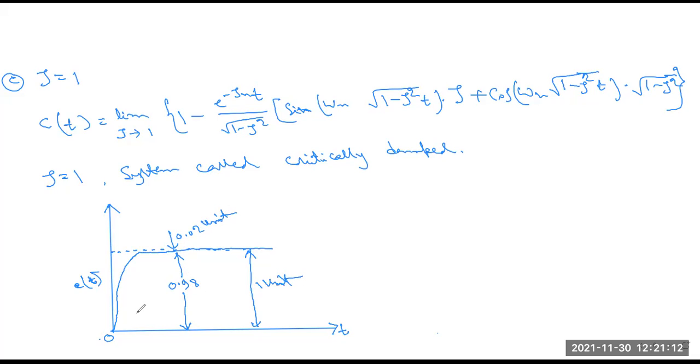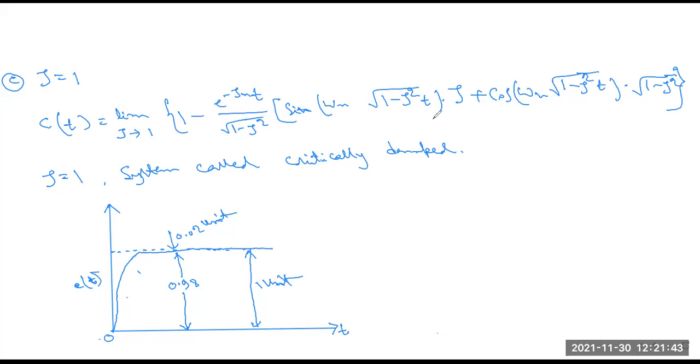So from 0 to this part is the transient response of the second order control system, and from this point onward is the steady state response. Please remember these things also. When zeta is equal to 1, the system is called critically damped. Is it clear, all of you?